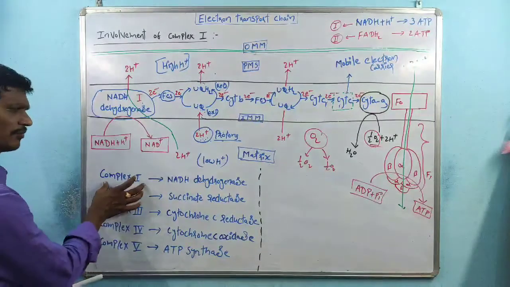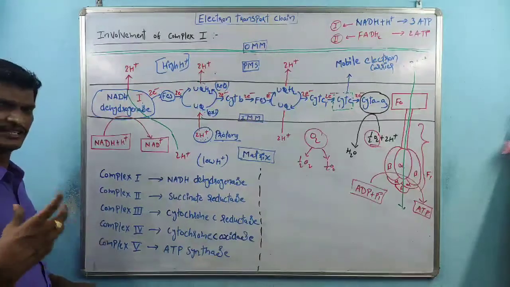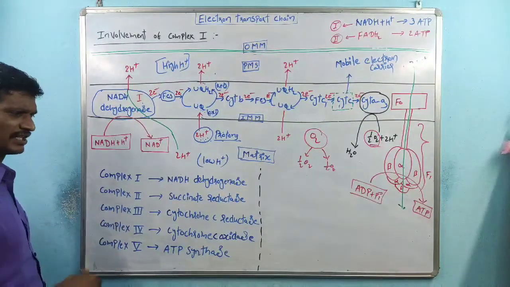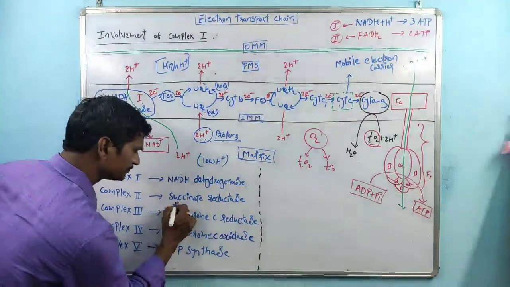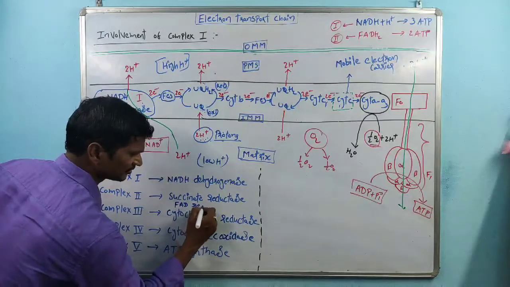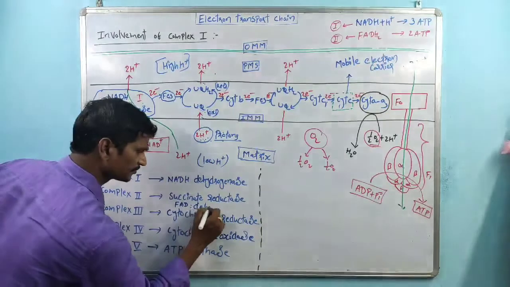Remember all of you, complex 1 is called NAD dehydrogenase or NADH dehydrogenase, right? Complex 2 is called succinate dehydrogenase. Another name is also there, FAD reductase or FAD dehydrogenase.